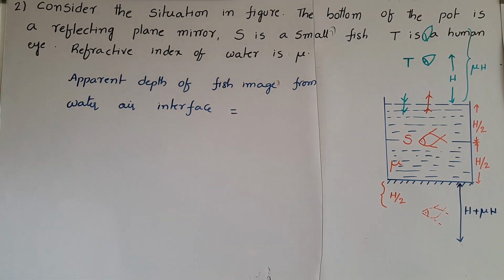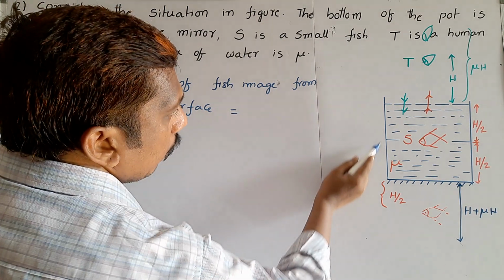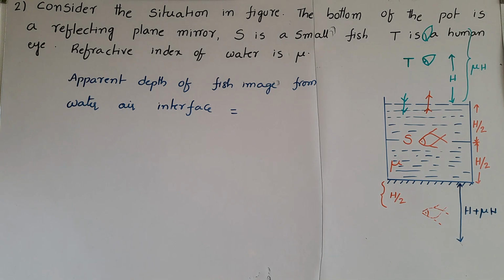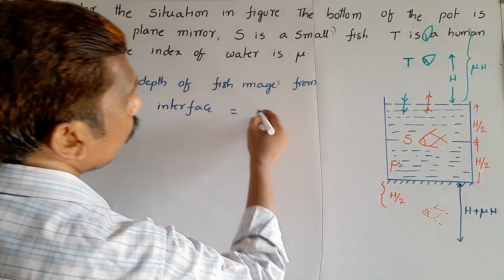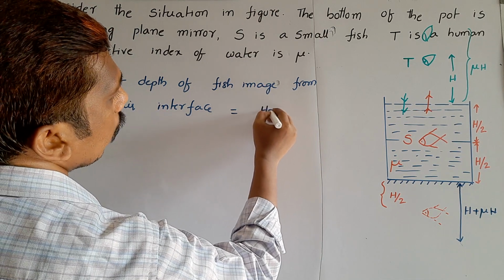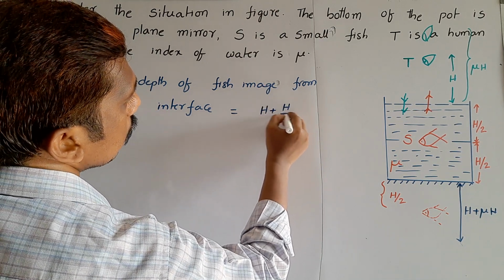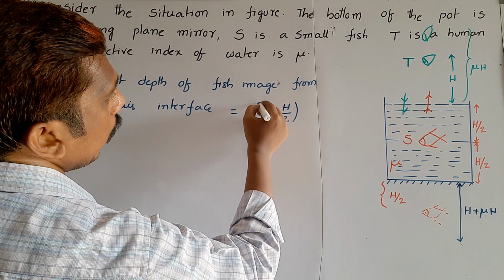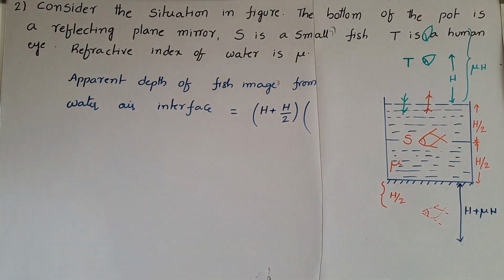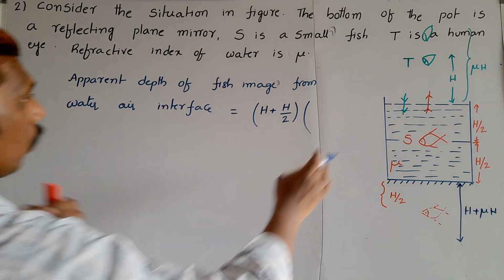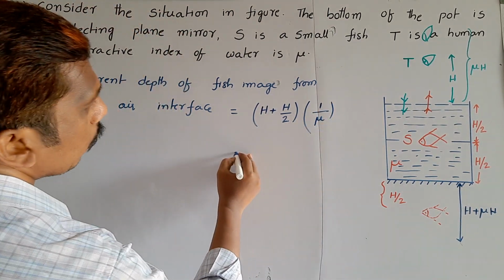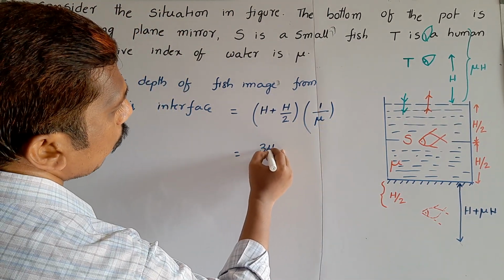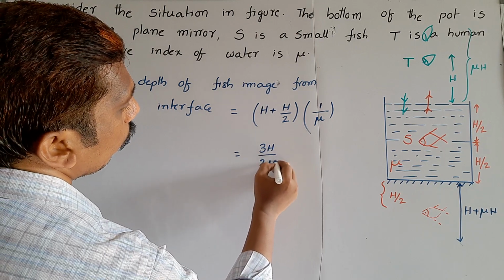From this water air interface, what is the total distance? This distance is equal to h, plus this distance is h by 2, so h plus h by 2 into n2 by n1. n2 is equal to 1, n1 is equal to mu. So h plus h by 2 gives 3h by 2 mu.